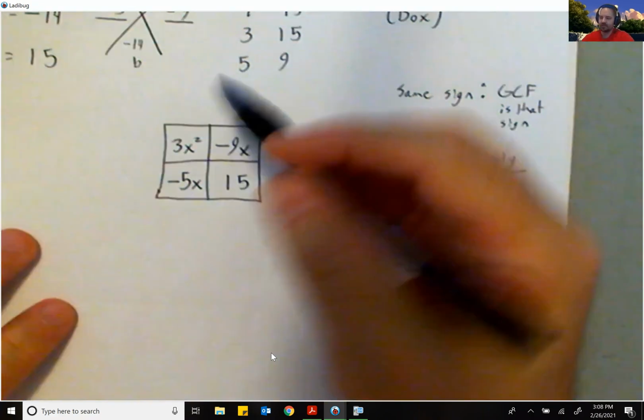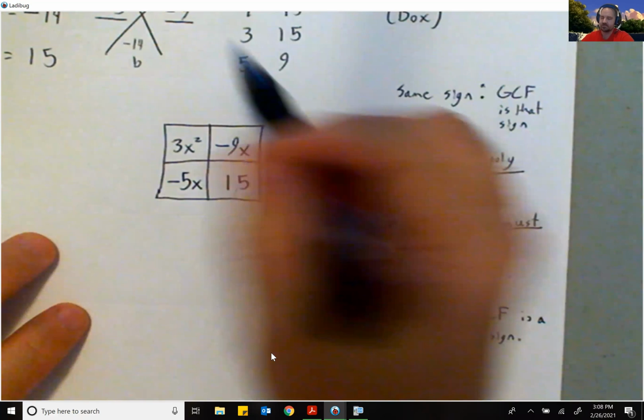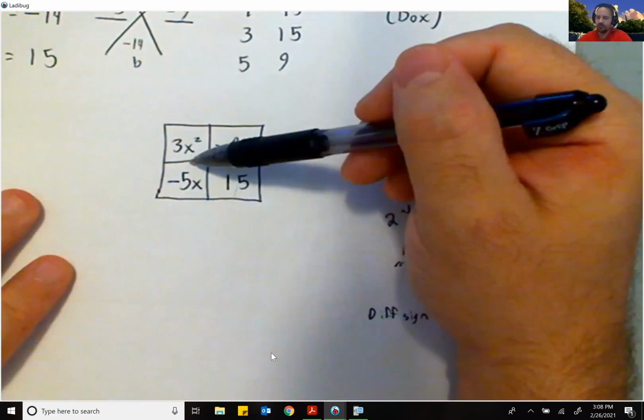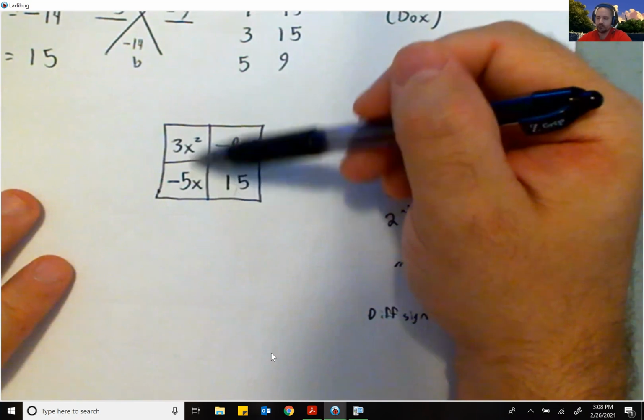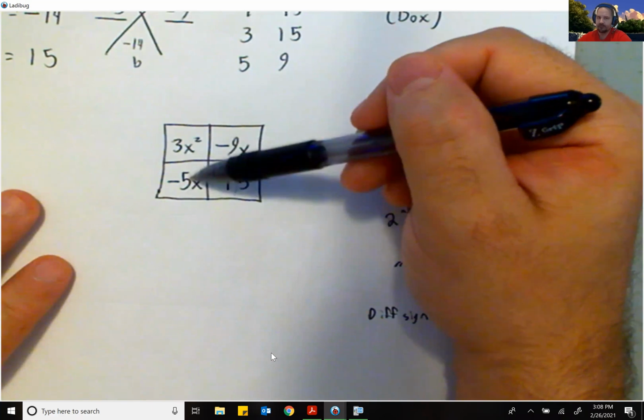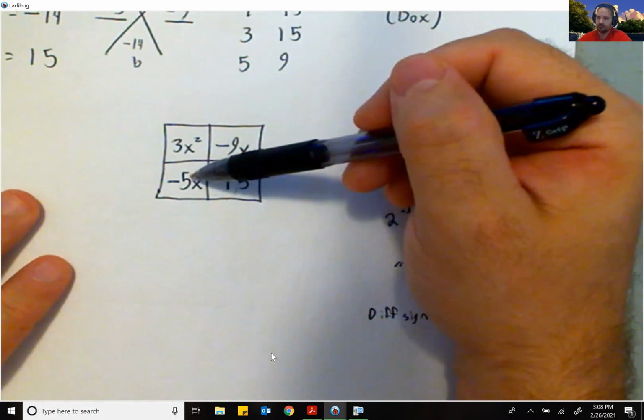So looking at these boxes, this is the exception case. When I look at these two, what's the GCF that's going to come out of here? What do these two have in common?